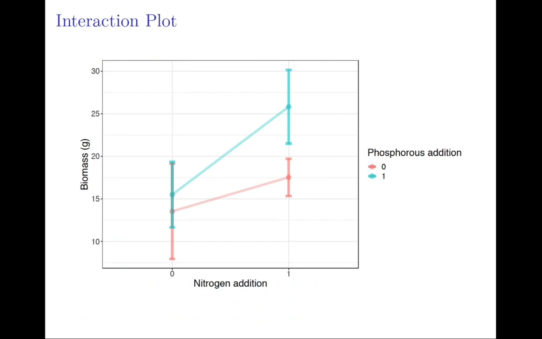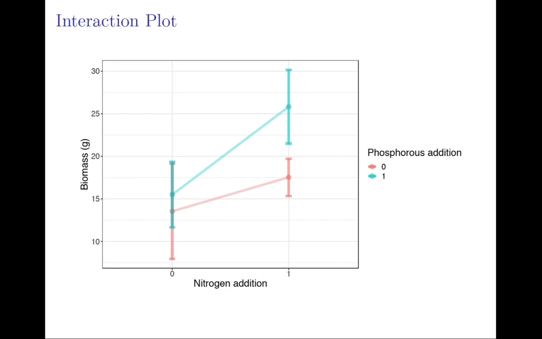So when you look at this here, you have your nitrogen addition on the x-axis, and you have your biomass on the y. And now you have your phosphorus, your second factor, as the colors. And so it doesn't make sense to say that nitrogen addition alone has an effect because it's in relation to phosphorus. So when you have no nitrogen and no phosphorus, that's not different, those bars overlap, as to when you have no nitrogen and phosphorus.